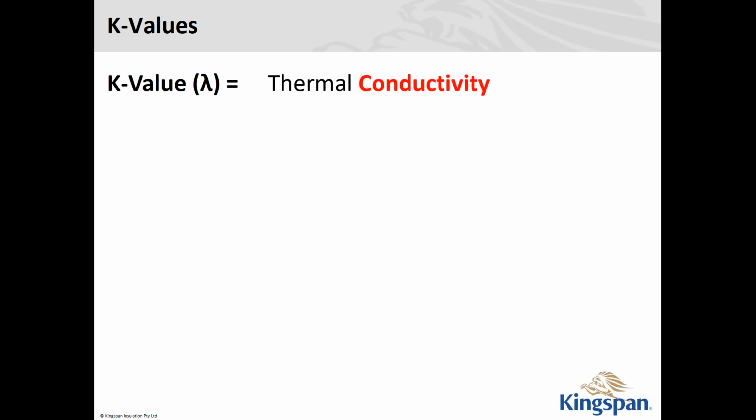Probably the most important thing to remember is the K value, or the conductance value. Everything will pretty much have a K value. For example, with our Cooltherm, the way they get a K value is with a hot plate test, done inside a lab. They have a plate heated at 18 degrees, put the insulation material on top of it, then put another hot plate heated at 24 degrees on top.